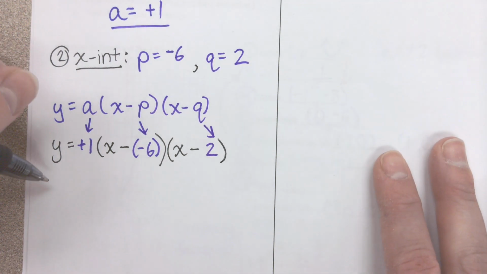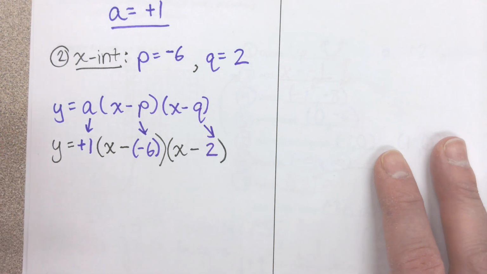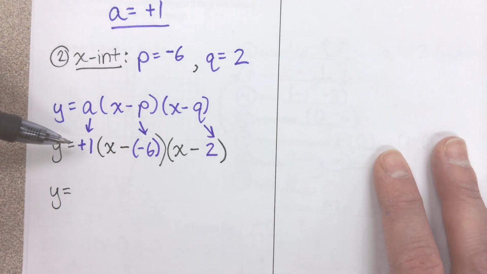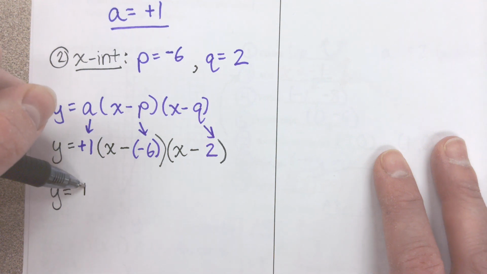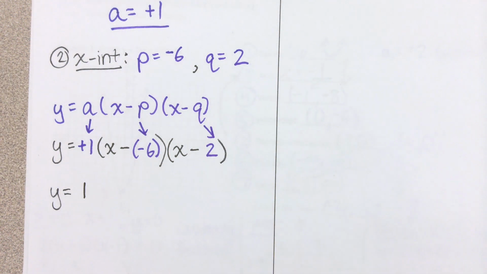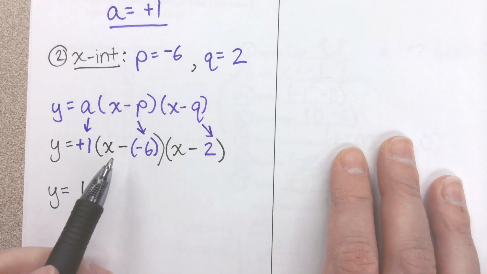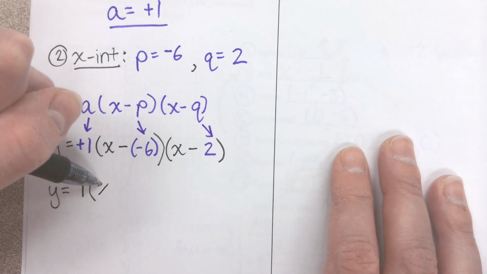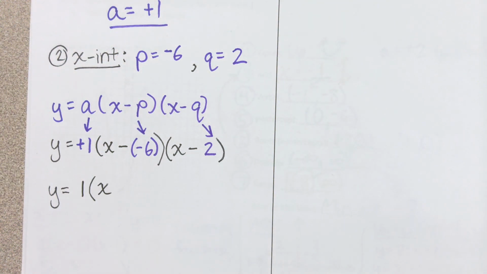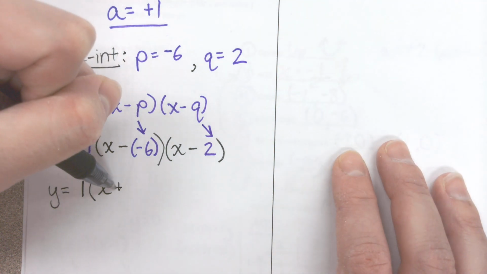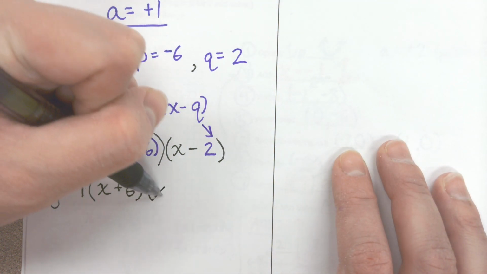One more thing. We're just going to clean this up a little bit. Y equals, that plus is a little unnecessary, so I'm going to drop it. I'll just write 1. If you want to drop the 1 as well, you can do that. X minus negative 6. So what's a better way to write that? X plus 6. Thank you. And bring down the X minus 2.